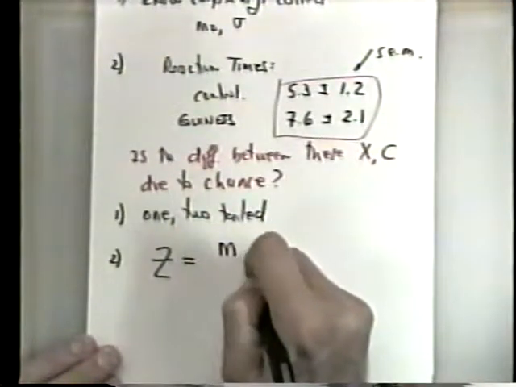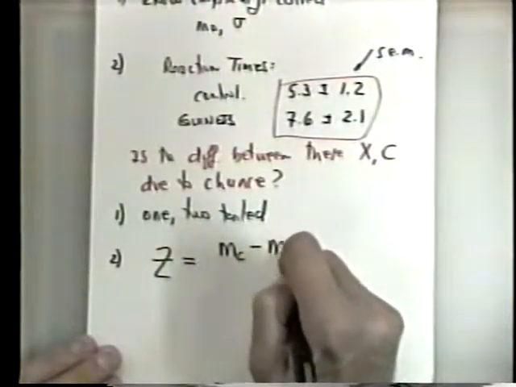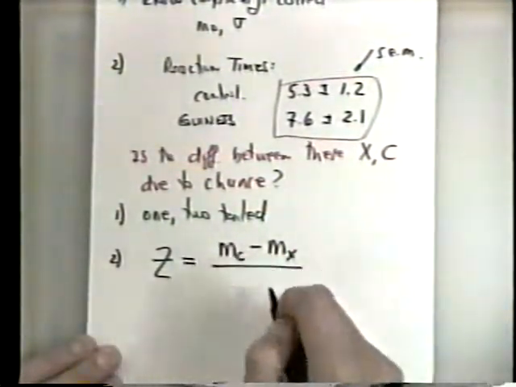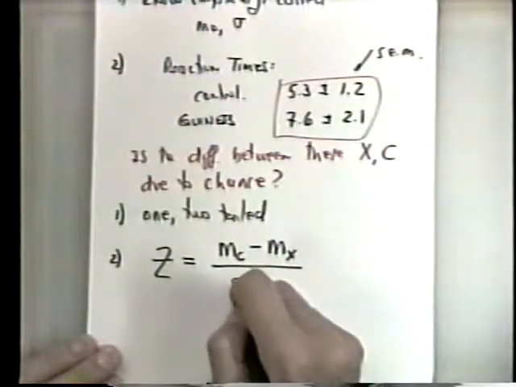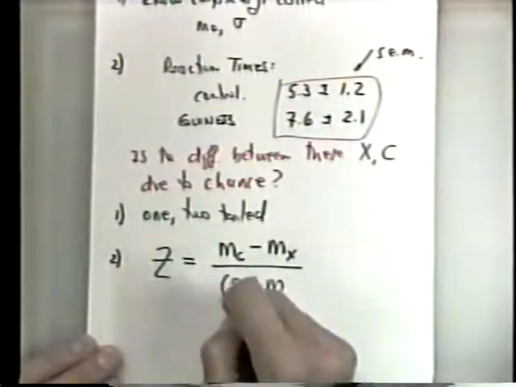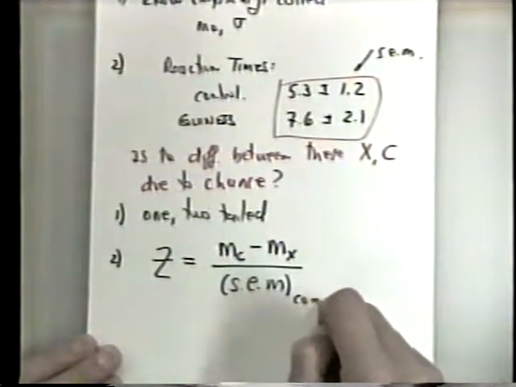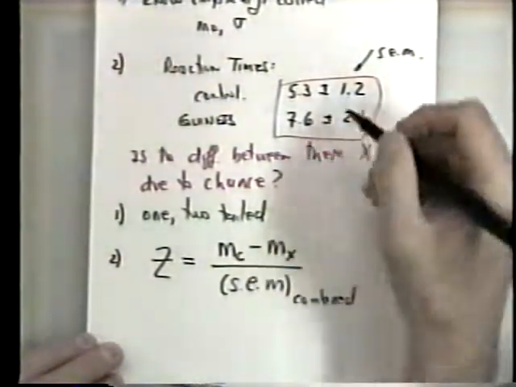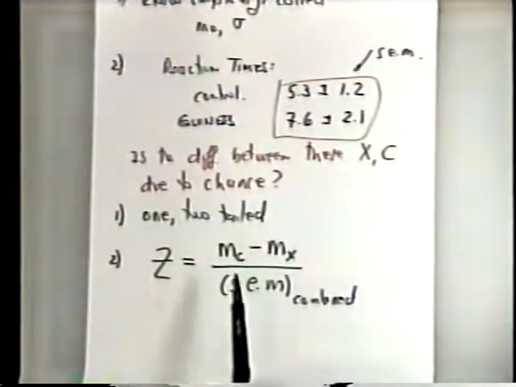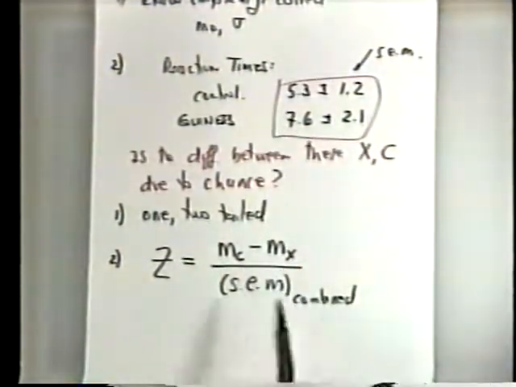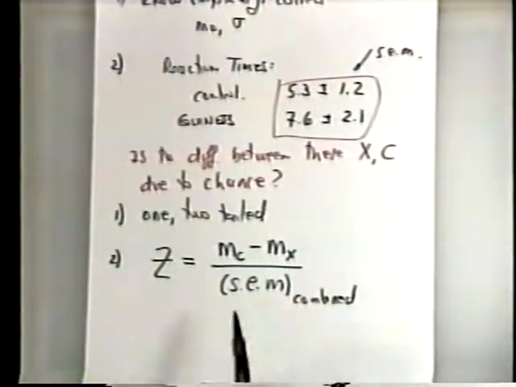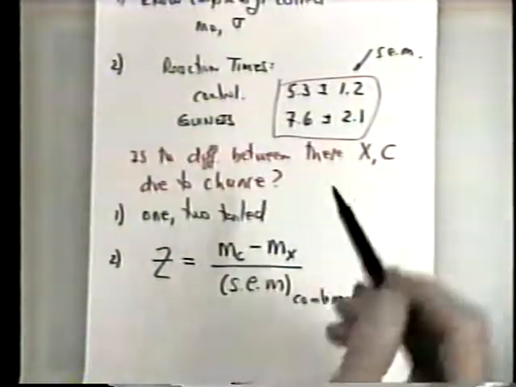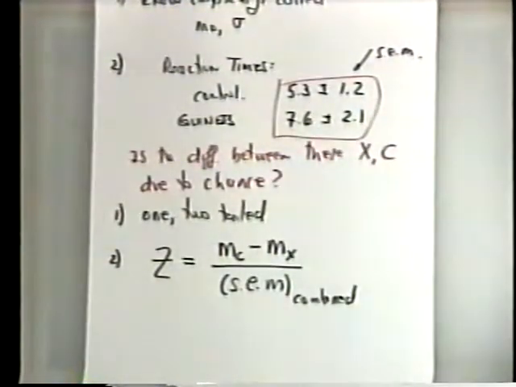Z is going to be the mean of the control group minus the mean of the experimental group divided by the standard error that somehow represents the combined standard error when we subtract one from the other. Because we said when we do an operation on the data that the SEM increases. So we want to use somehow the combined SEM and the differences between the data.